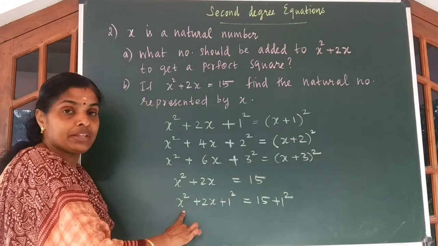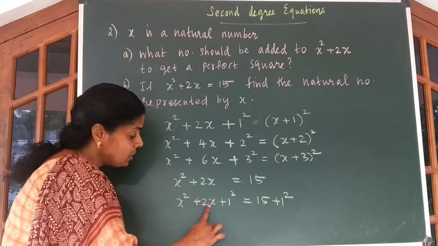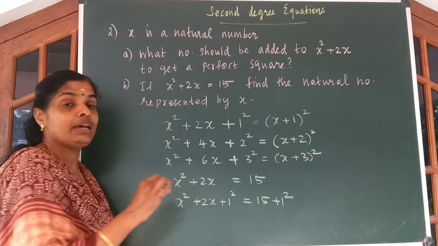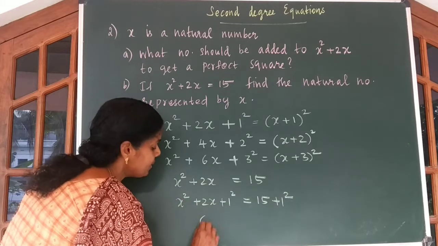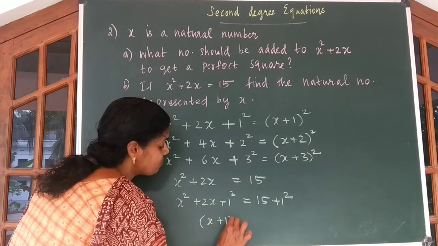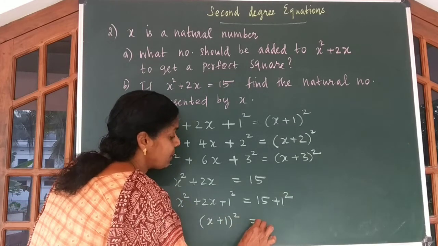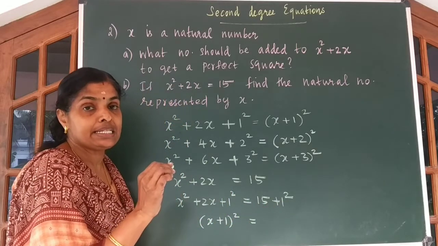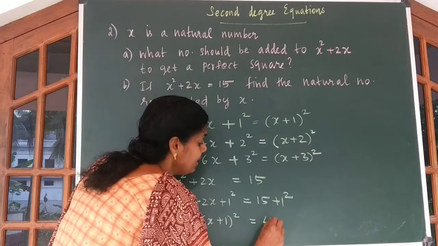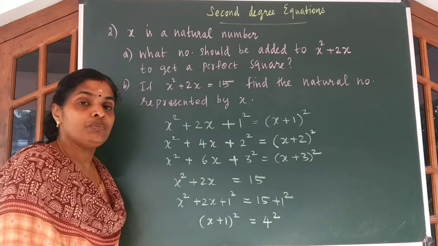Now this is of the form a square plus 2ab plus b square, which is nothing but (a plus b) the whole square. So here you get (x plus 1) the whole square is equal to 15 plus 1, 16. 16 is nothing but 4 square. Now what we have to do?